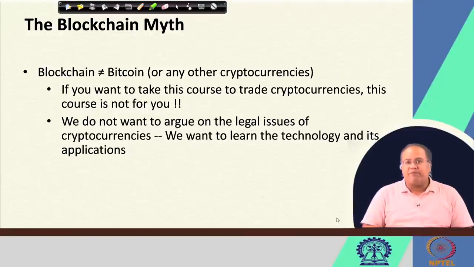Many of the times people mess up these two concepts, the blockchain and the cryptocurrencies or Bitcoin. So, on the first day itself I would like to make it clear that blockchain is not equivalent to cryptocurrency or Bitcoin. These are two different technologies, rather blockchain is the technology which has been used to design Bitcoin or any other cryptocurrency.